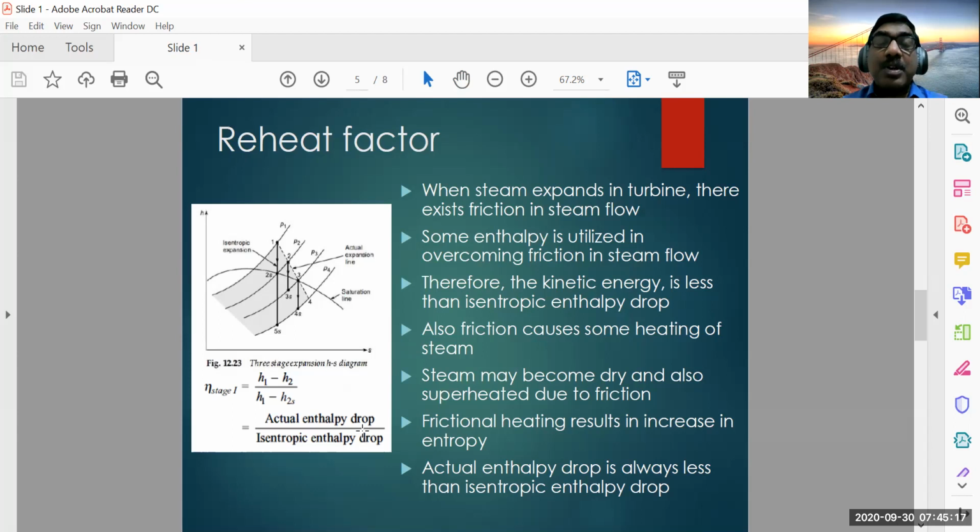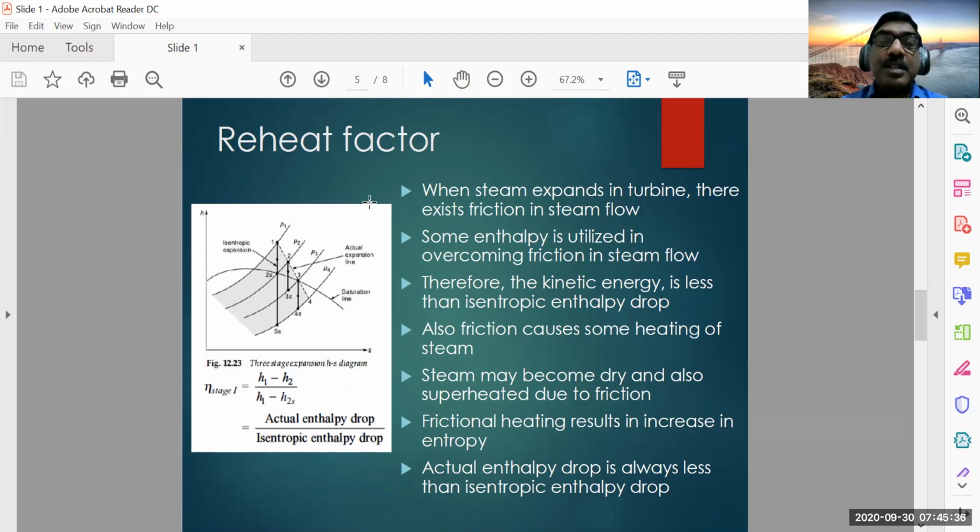So that is why the process is not isentropic. Ideally, the process should be isentropic. An isentropic process means it's a frictionless process and also heat transfer is not there. But here, because of the friction, some heat is getting wasted, the enthalpy is getting wasted.